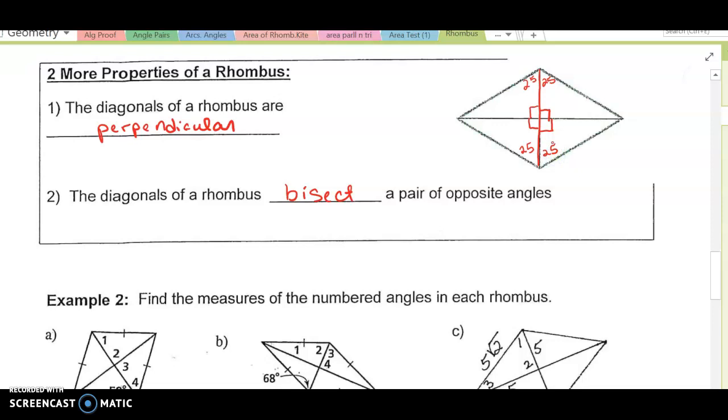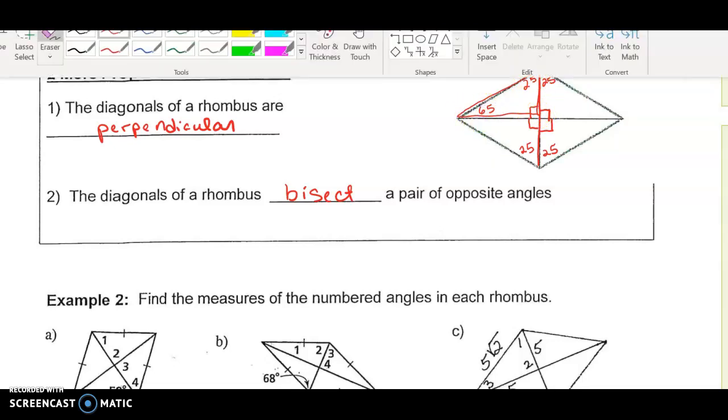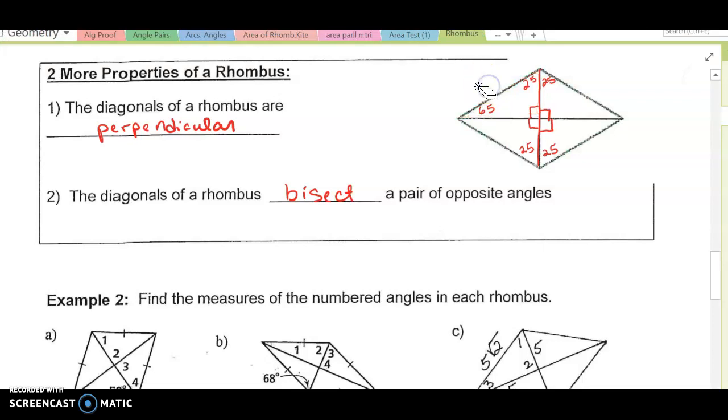So if I look at one of these triangles, the remaining angle in this triangle would be 180 minus 90 minus 25, which would have to be 65. And all the other angles that I have left would all be 65.